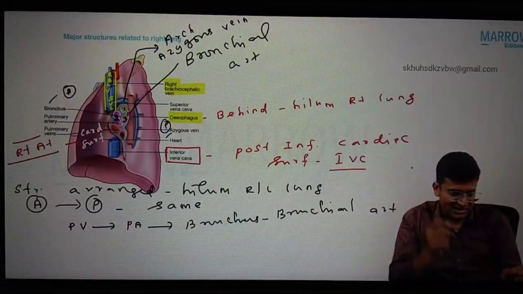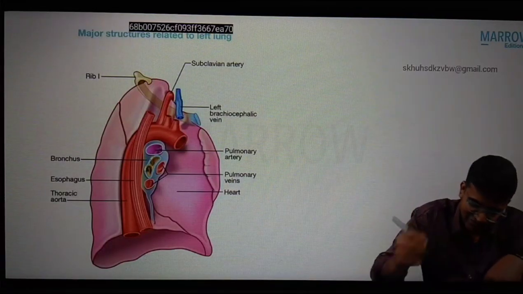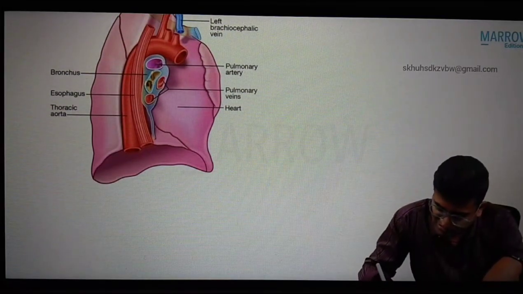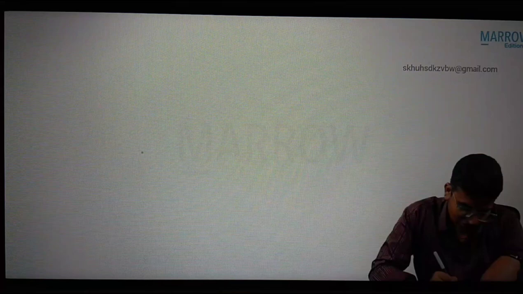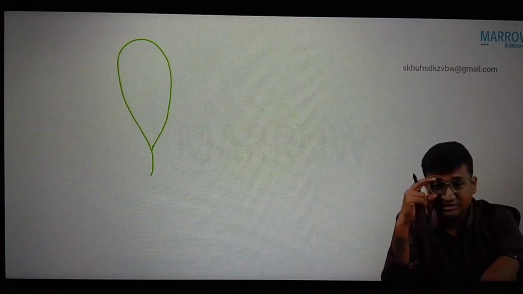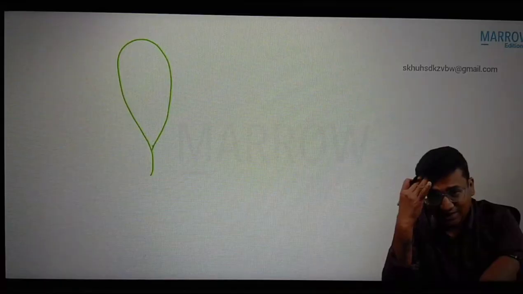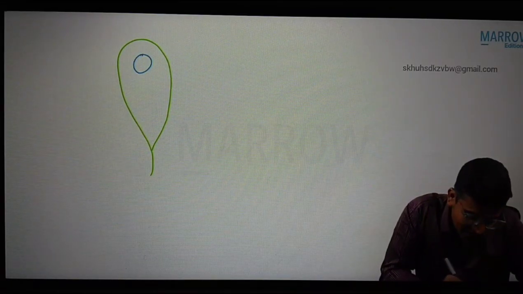Okay? Right. Now, next, left lung. So, left lung, again, first, the arrangement of structures in the hilum from above downwards. So, this is the hilum of the left lung, mediastinal surface. The uppermost structure in the hilum of left lung is pulmonary artery.